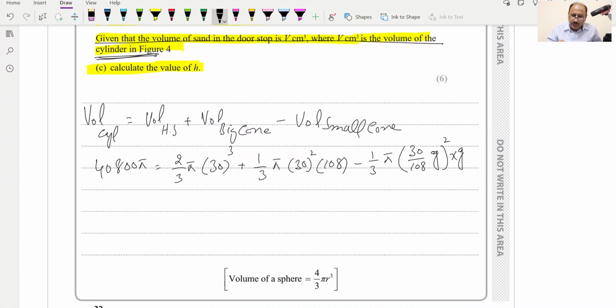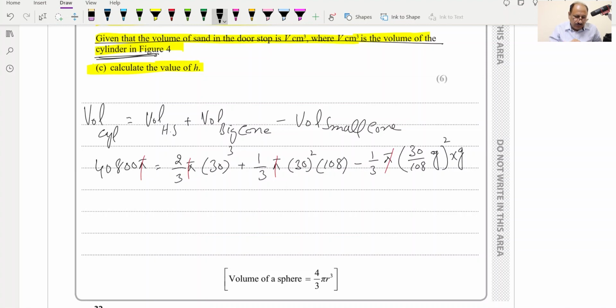Now what we can do, we can write this one on one side of equality. So 1 by 3 pi and 30 pi, we can cancel out pi from everywhere, and this pi is cancelled.